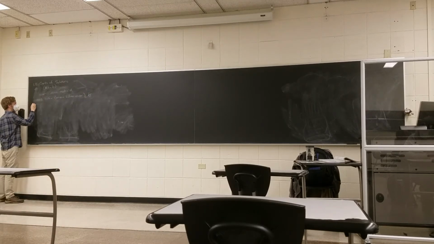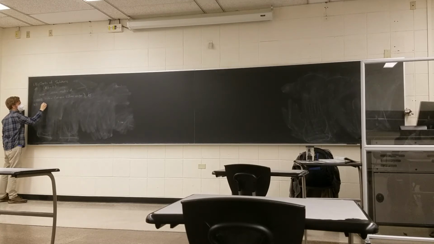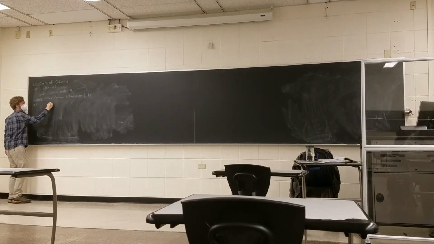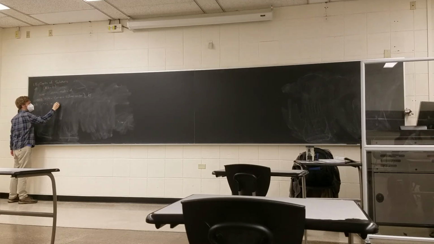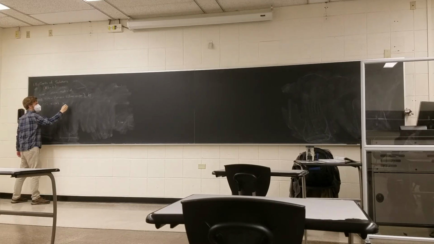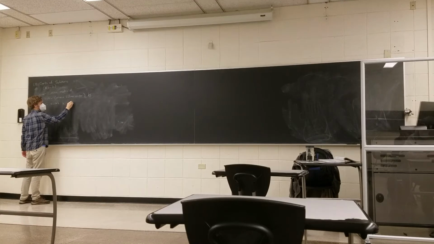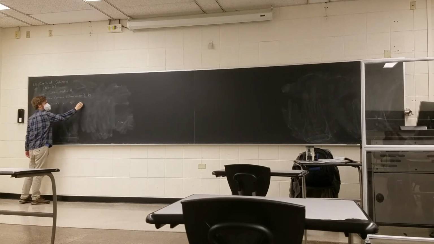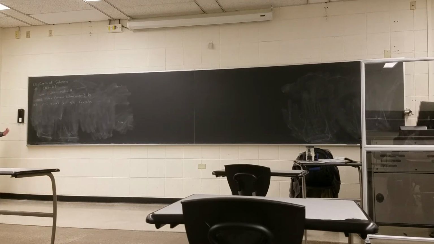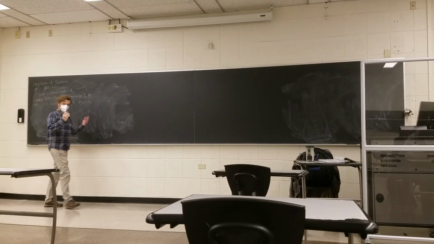We want all N by 1 vectors X such that AX equals B. So we want to collect all of the solutions together and say this is all of them.